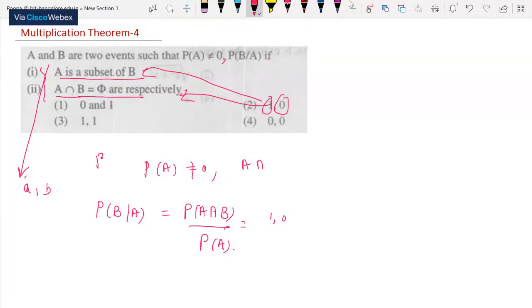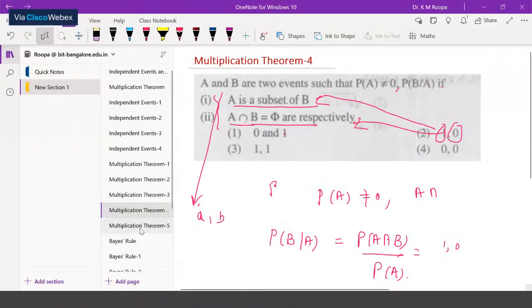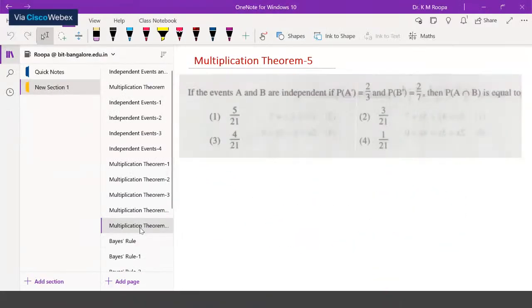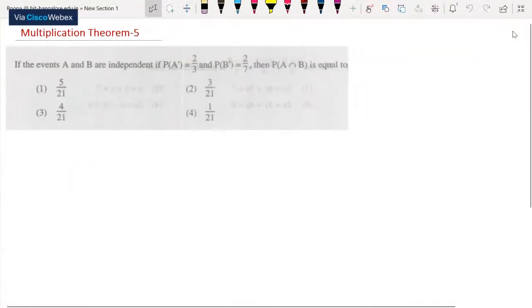Now, move to the next one. If the events A and B are independent, I'm not going to do it on the board. You do it and give an answer within 1 minute. A and B are two independent events.